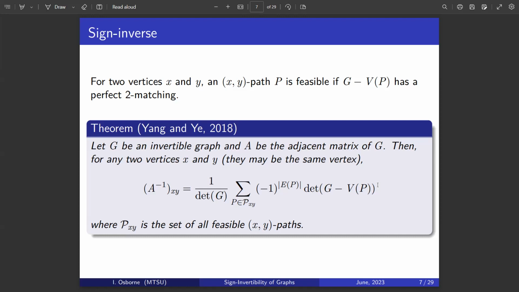Your graph isn't going to be s-invertible because you found this entry in the inverse that is not 1 or -1. This is extremely important because it allows us to find our determinants without having to go through the full linear algebra style calculations on the adjacency matrix.